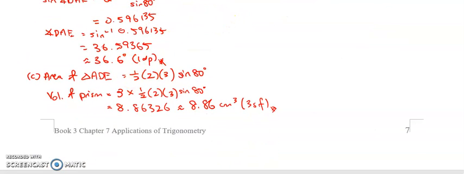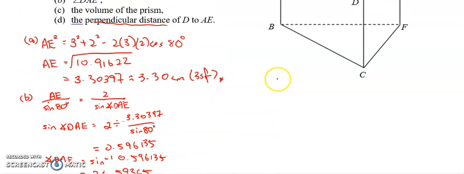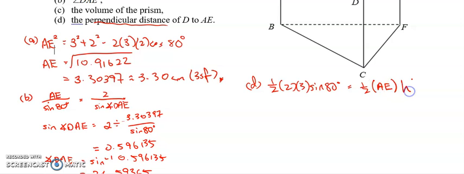Alright, so we can form this equation. Area of triangle, half times 2 times 3 times sine 80 degrees will be half times AE times perpendicular height. So AE we have calculated in part A. So we have saved it in our calculator. So later on we just need to make use of the value.